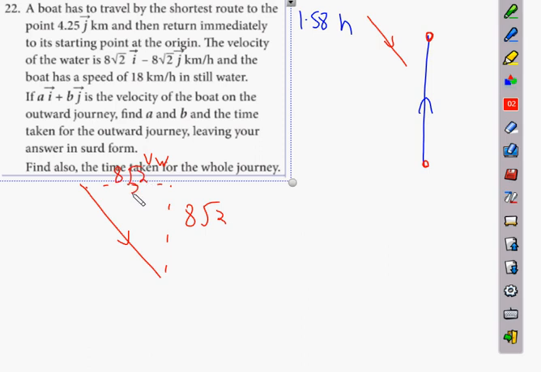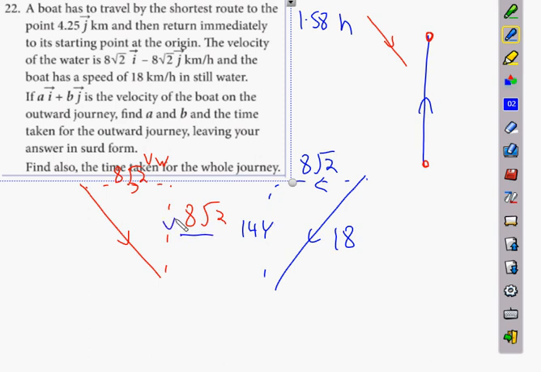To combat the 8 root 2 going right, we have to aim 8 root 2 to the left so that we go directly down. Everybody happy with that? We can go 18 kilometers per hour like last time. Like last time, our component is going to be going 14. So, unlike the last question, the 8 root 2j and the 14j are going to be added together this time around.